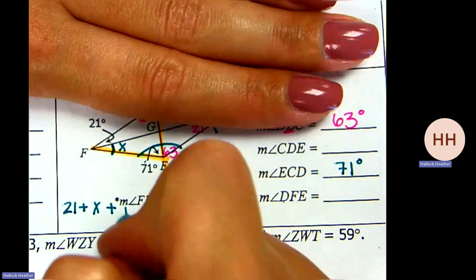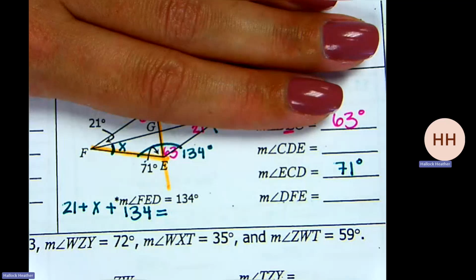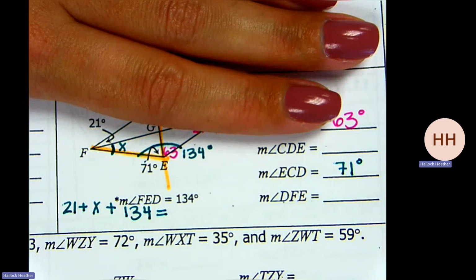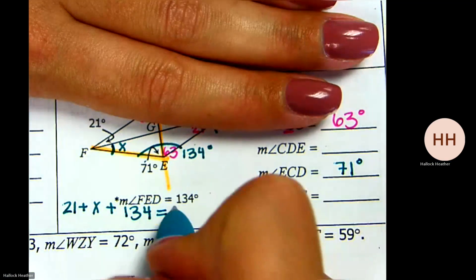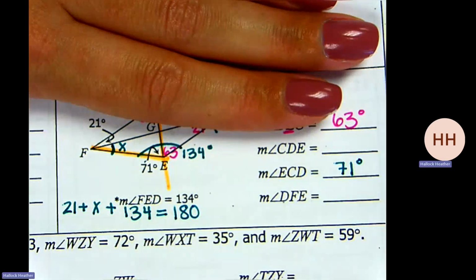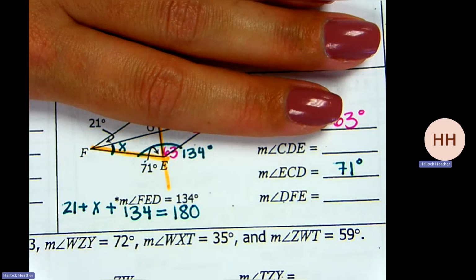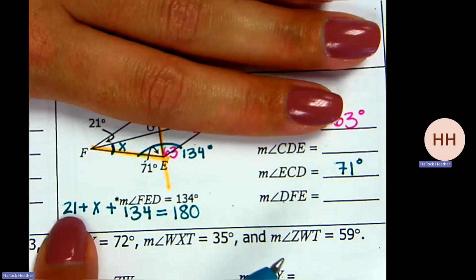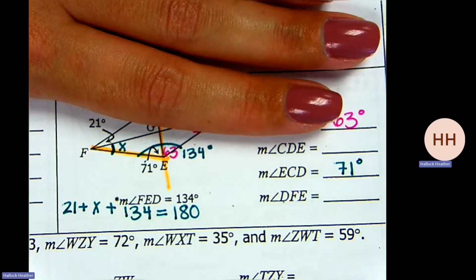So I'll say plus 134 equals what? What is half of the picture going to equal? 180. So you can do this in a calculator. You don't necessarily need to solve this equation. Some of you want to solve it though. I'm going to combine 21 and 134, and then I'm going to just subtract it from both sides.